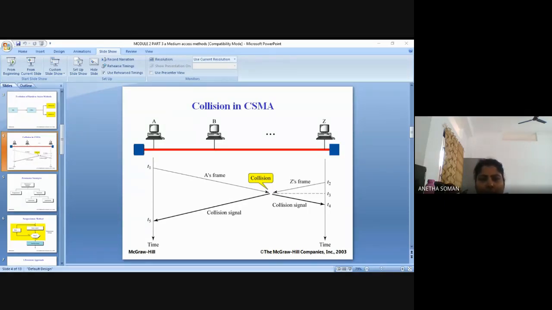CSMA is based on the principle of listen before talk, or sense before transmit. And due to the propagation delay, collision may still happen in the CSMA protocol. Understood this much? Yes or no?